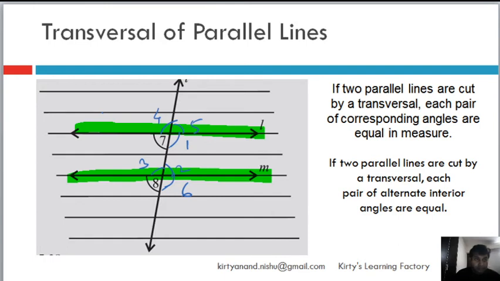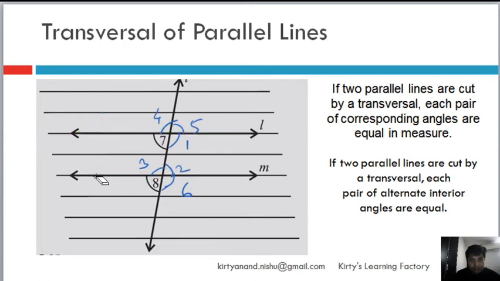Now you can ask me, why do you say so? You can ask me, can you prove that angle 4 is equal to angle 3? How do I know that actually it is?